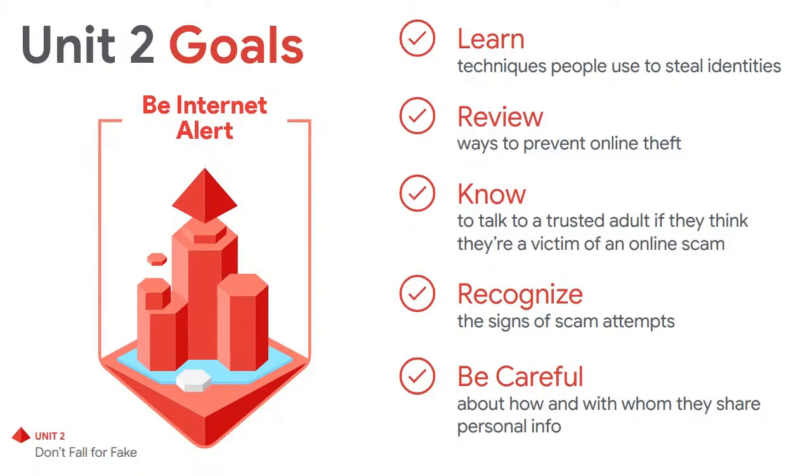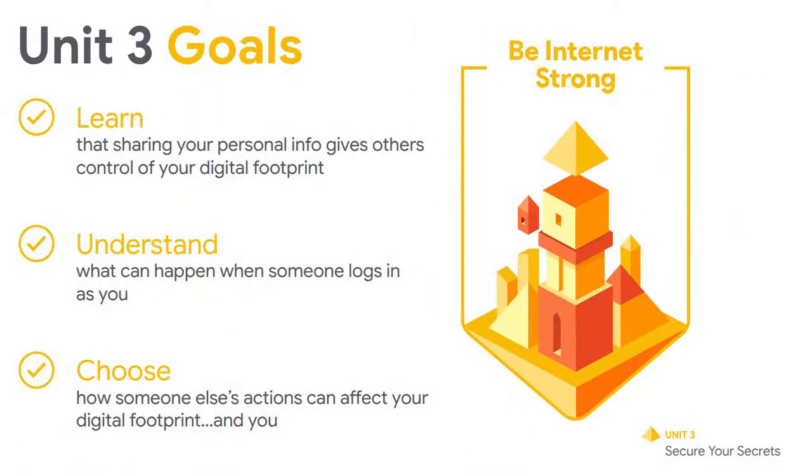And how do we be careful about whom we are interacting with, whether it's AI or not? So you can see these terms from the Be Internet Awesome program flowing through even artificial intelligence as we go through. And of course, Unit 3, the goals are all about being internet strong: understanding what your digital footprint means as you are interacting on the web, what that means to you and to others as you make the choices you make, and what that means down the line.